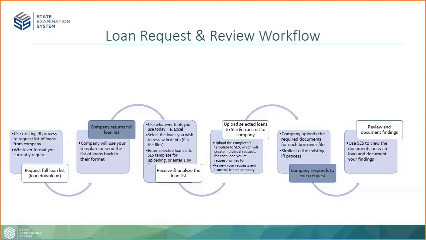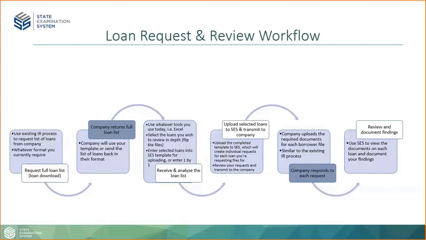in SES. Once you get that, now we're on to the third box, the white box there where you receive and analyze the loan list. You will then take a look at that loan list just like you do today. Nothing has changed really in your process up to this point. So if the company provides it to you in Excel, you'll use the Excel tool to analyze, slice and dice, maybe identify those loans of their entire loan portfolio that you plan to look at.